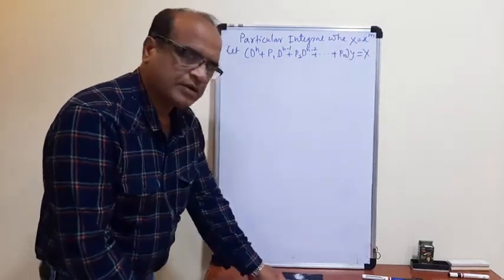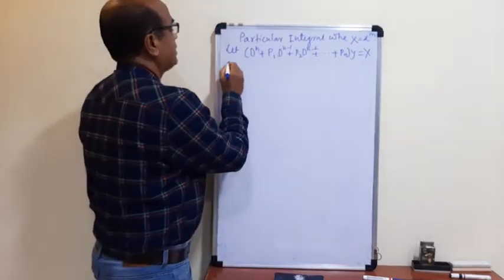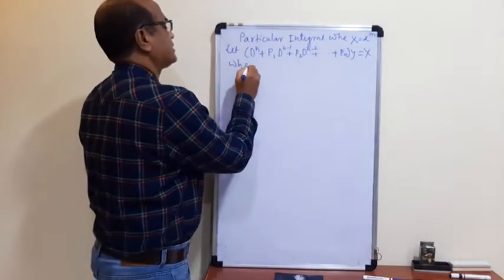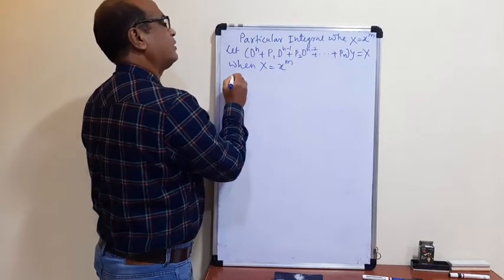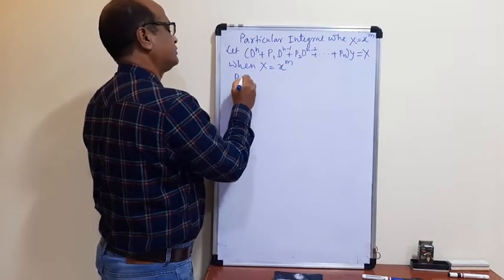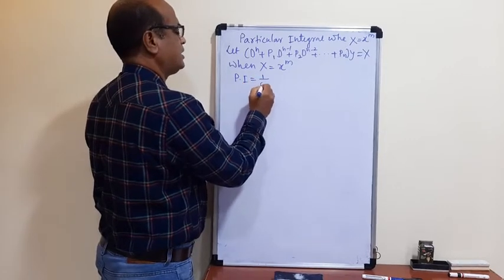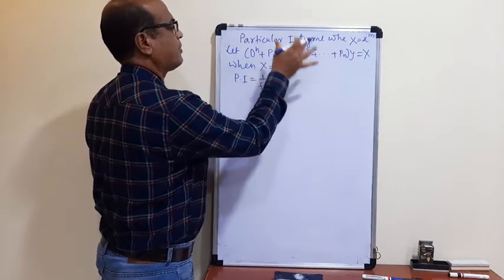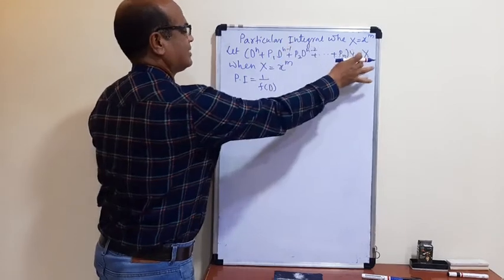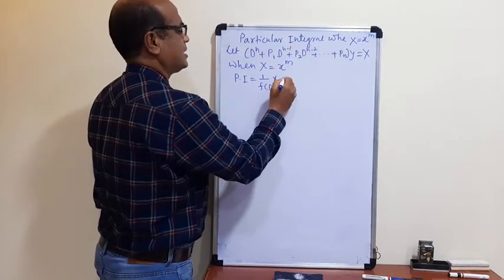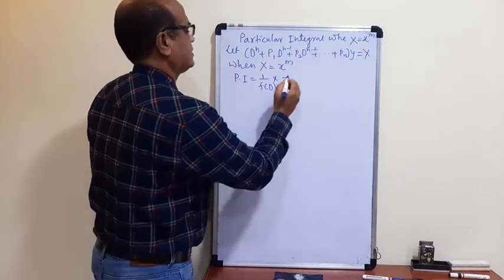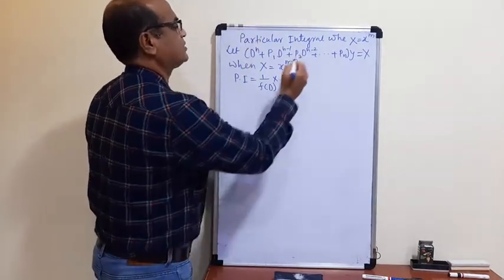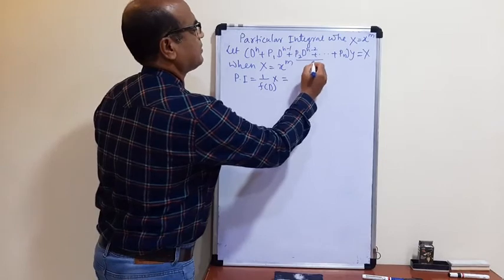Then the particular integral PI is equal to 1 upon f of D. This is f of D.